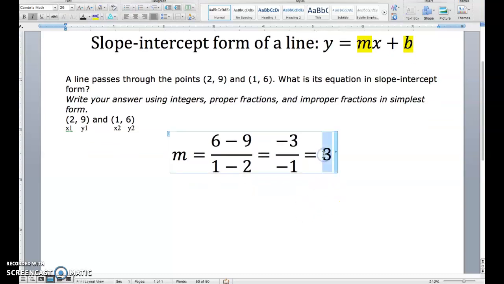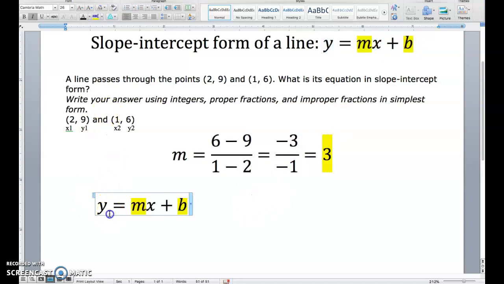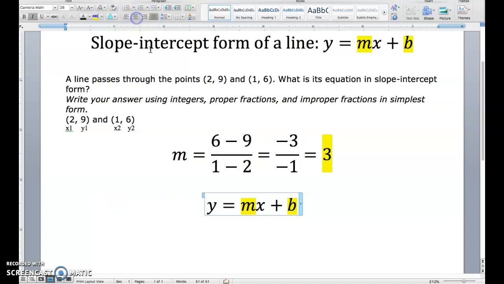That's the first result that we really needed. We found m, now we need to find b. Here's how we're going to do that. Y equals mx plus b, and we said that m is 3, so I'm going to replace this m with 3.